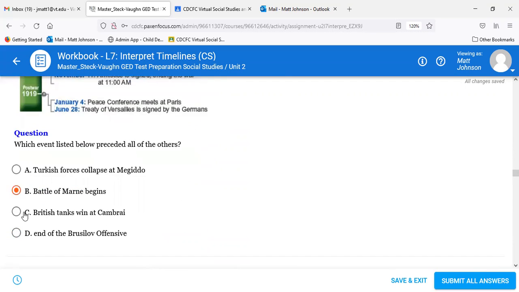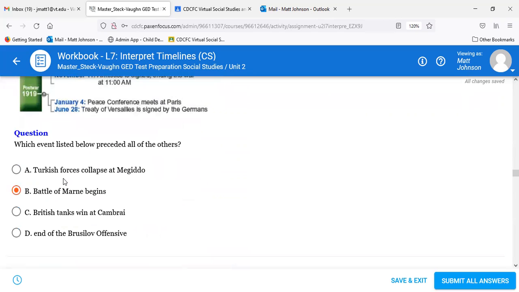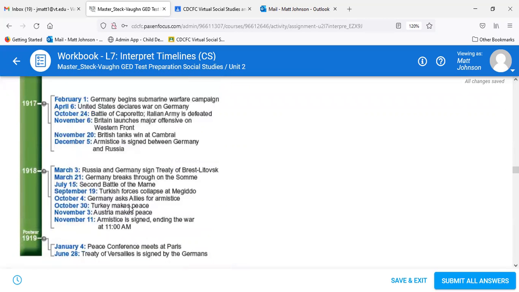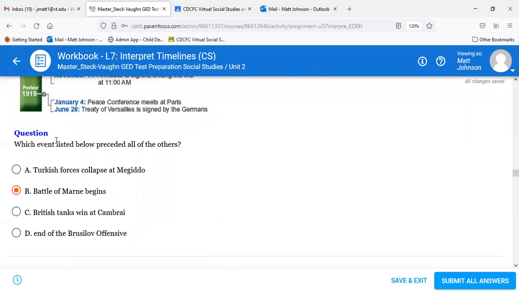That's not until 1918. British tanks at Cambrai win in 1917, and the Brusilov offensive, well, let's see. Oh, yep, that's in 1916. So B for number 6.